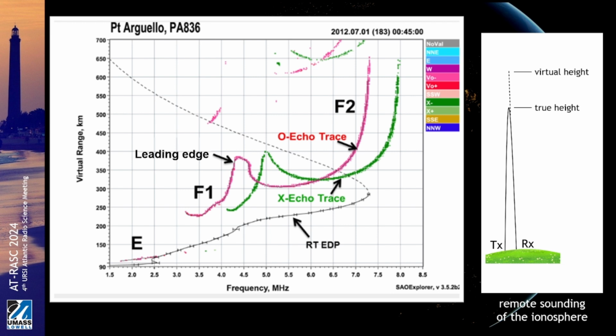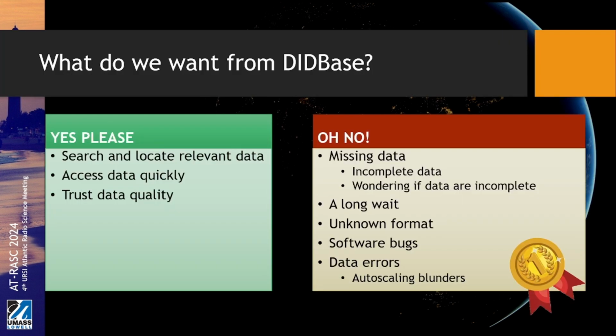You need to run the process of computing the real, well, not the real, they call it true, the true height of the reflection for every signal. There's a button that you need to use. Why is it called inversion, not conversion? I think I knew that answer once, but I forgot. Yeah, it's inversion. The process of inverting the observed virtual height to a real height of the reflection.